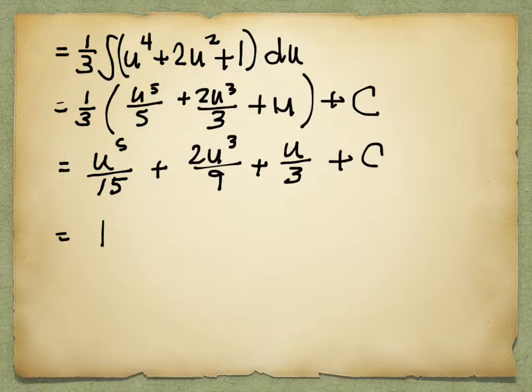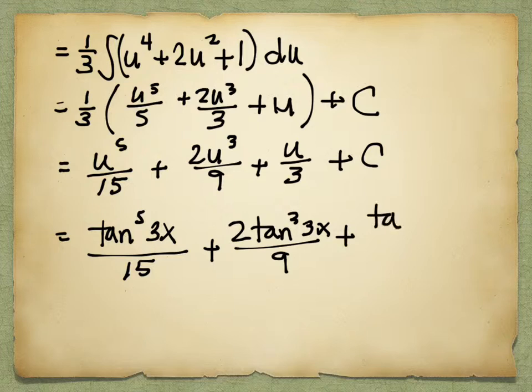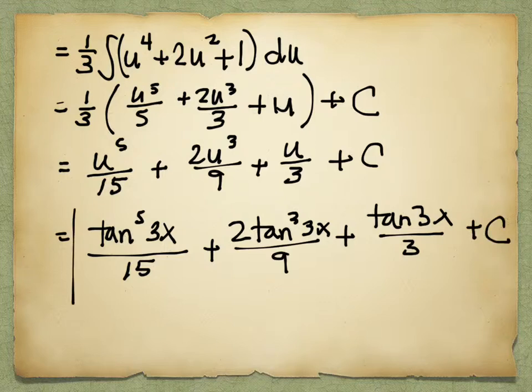It was tangent of 3x to the fifth, so we could actually put the fifth right here. So tangent of the 3x, the 5 in the middle, right, over 15 plus 2 tangent cubed of 3x over 9 plus tangent of 3x over 3 plus c.